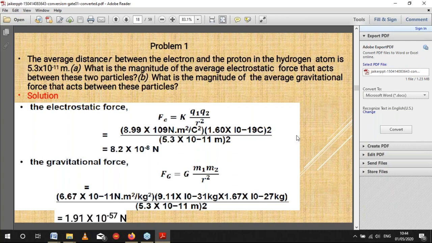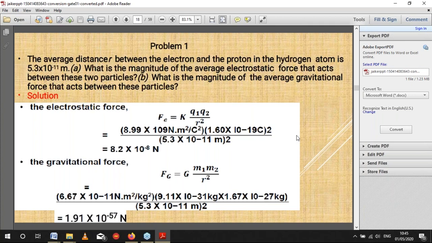Then Q2 equals minus 8.21 times 10 raised to power minus 6 C. The Fe is 0.0626 Newton. We use the force value since it is attractive.